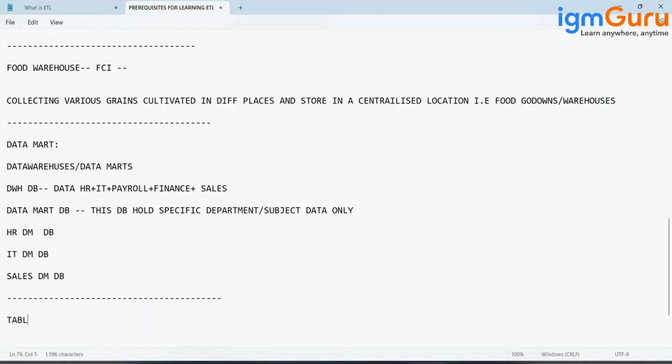What tables? Tables in a data warehouse or data mart, right? If I am talking about OLTP, we always have master tables and detail tables.